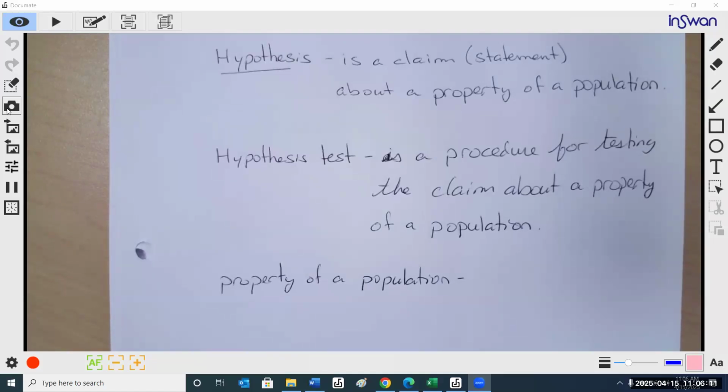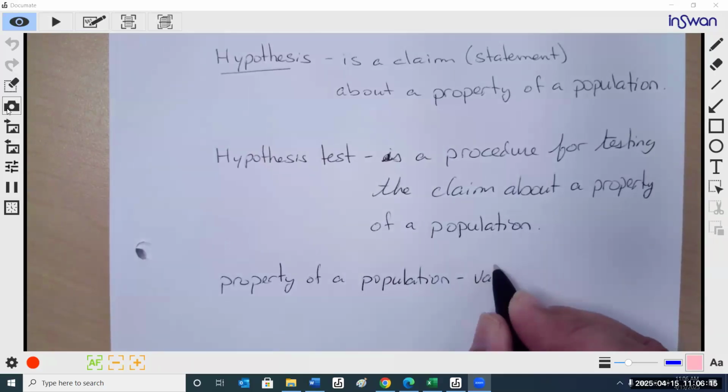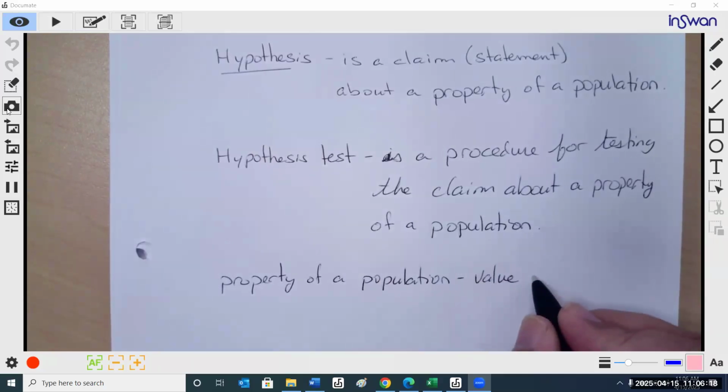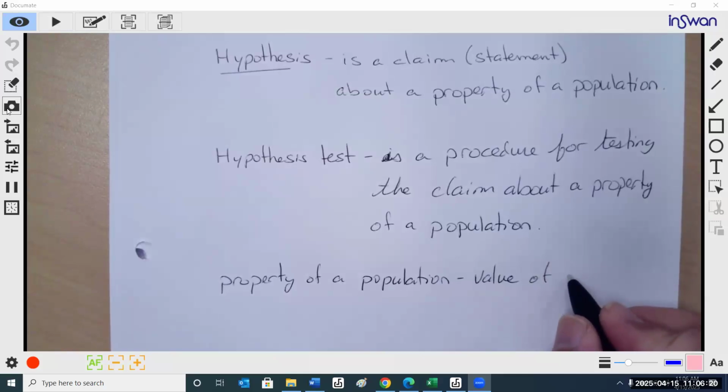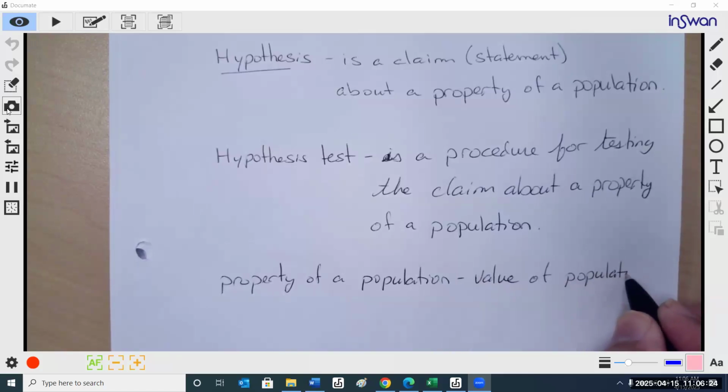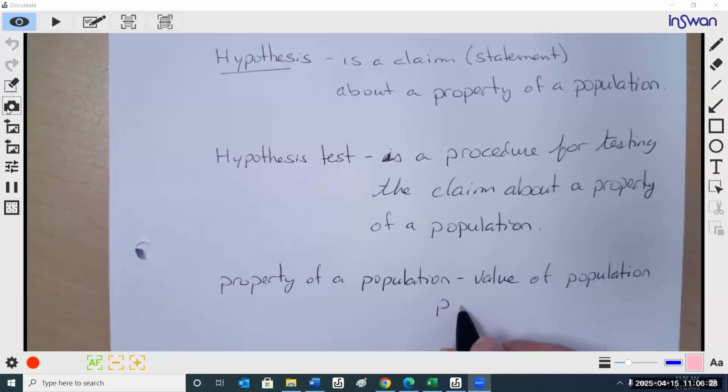When we say a property of a population, that's the value of a population parameter.